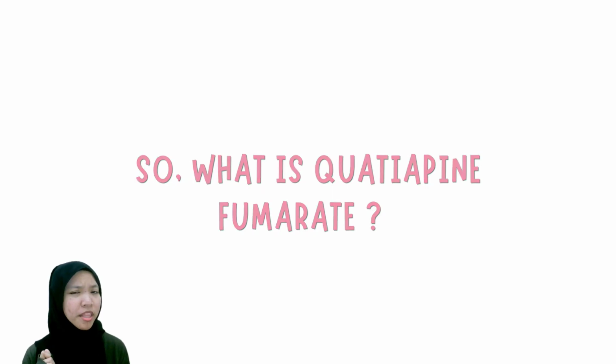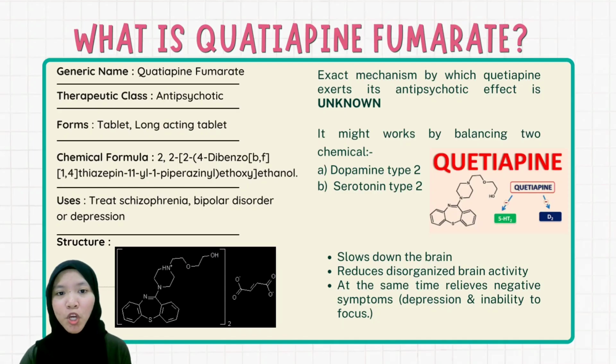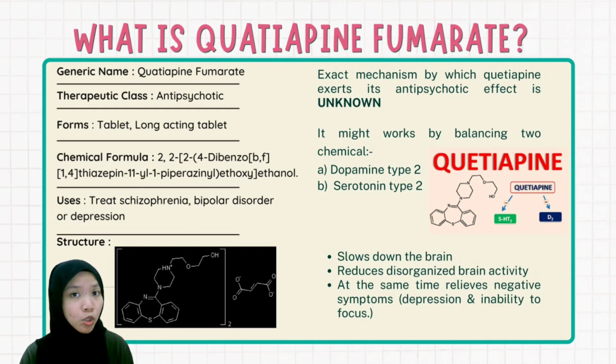What is quetiapine fumarate? Quetiapine fumarate is a generic prescription neuroleptic, also called an antipsychotic. It is classified as a second generation antipsychotic, and it is also known as a major tranquilizer that reduces schizophrenia symptoms such as hallucination and delusion, and it also helps to stabilize mania in bipolar patients.